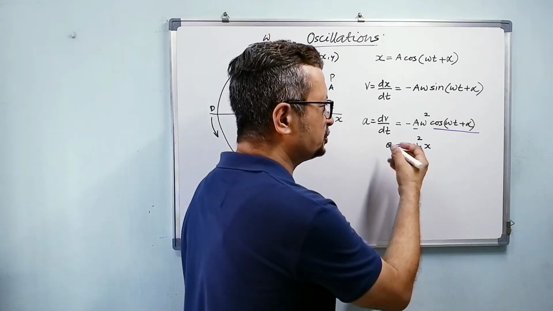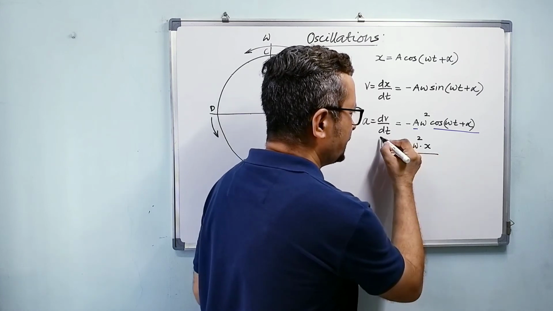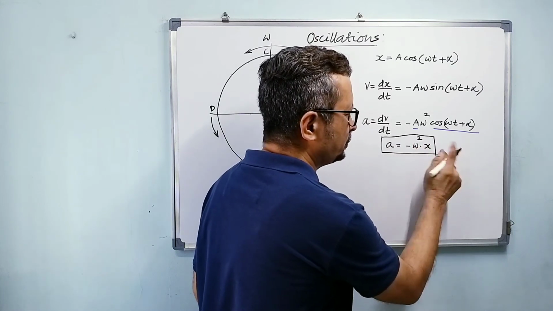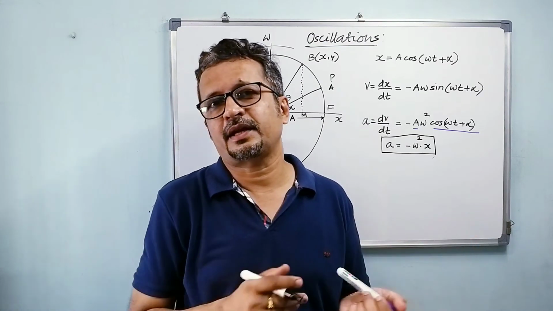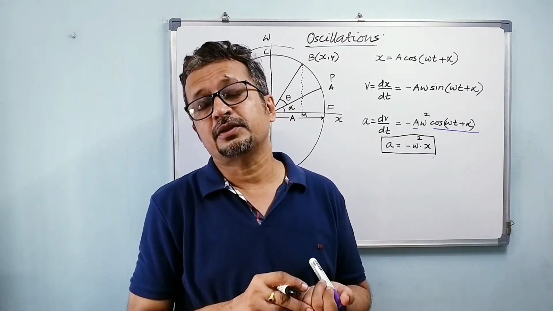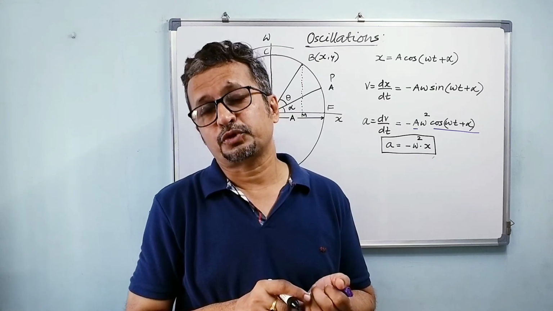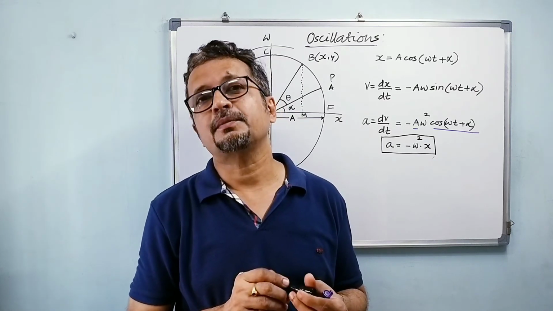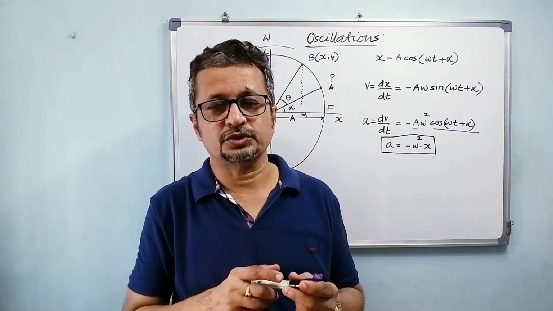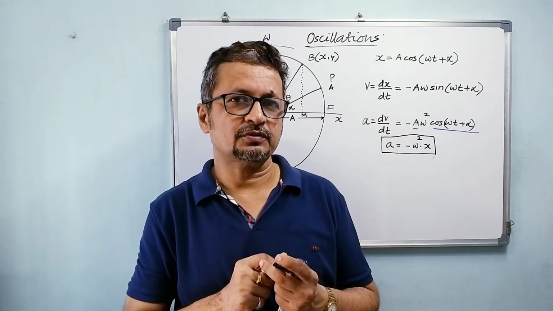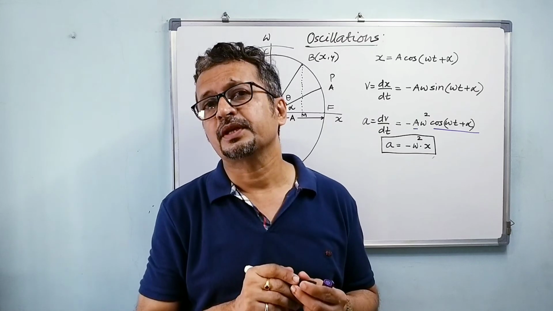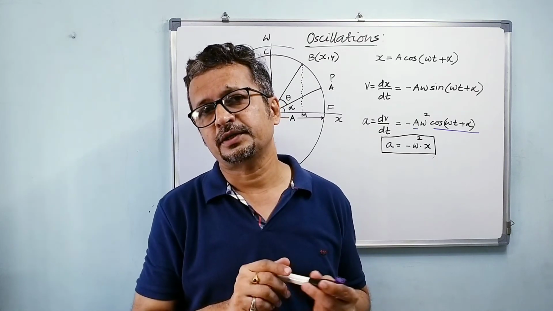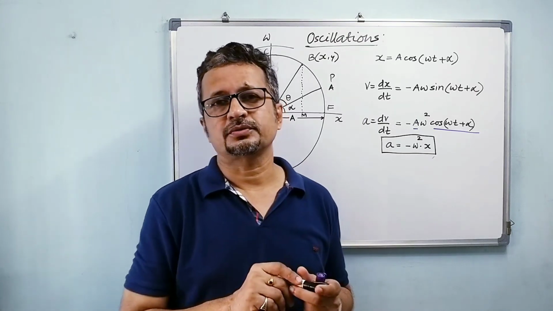This negative sign shows that it is acting in a direction opposite to that of displacement. And now that itself proves that the motion of this projection particle is simple harmonic motion. So that was about the motion of this projection particle, and that establishes the relation between uniform circular motion and oscillatory motion.